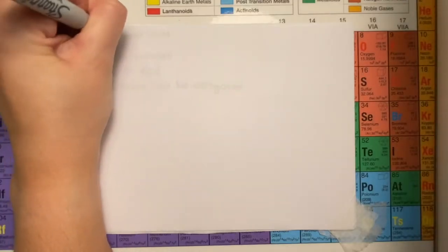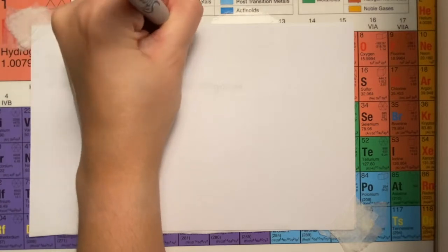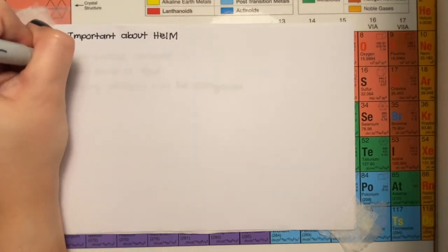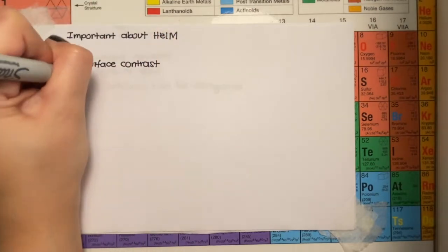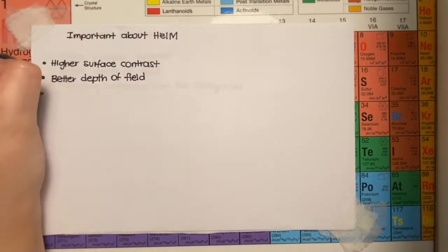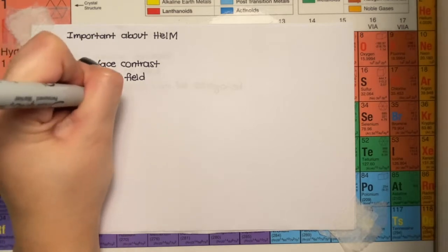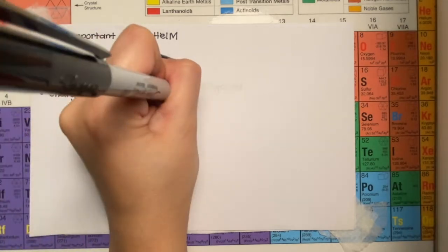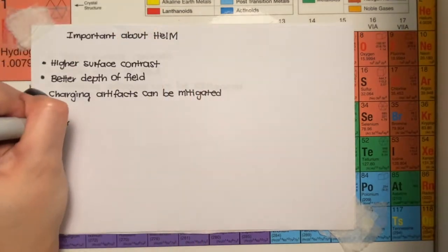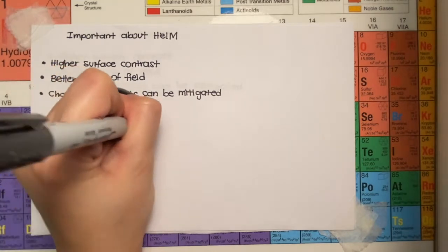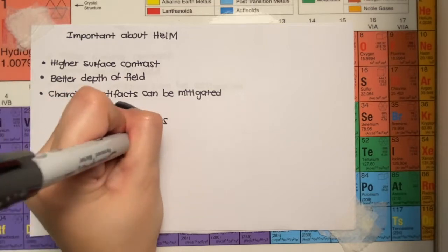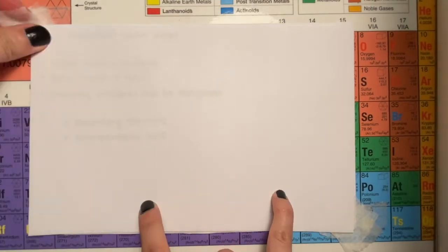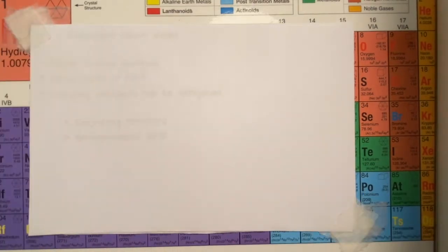An important fact about this technique is that the images obtained have higher surface contrast and better depth of field, meaning that more of the image is in focus compared to an SEM image, and also sample charging artifacts can be mitigated. Helium ion microscopy can also create images with Rutherford backscattered ions, which are high-energy helium ions that rebound off the sample, being able to provide information about the chemical composition.